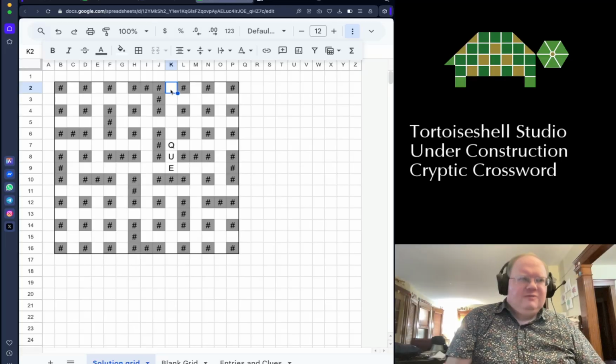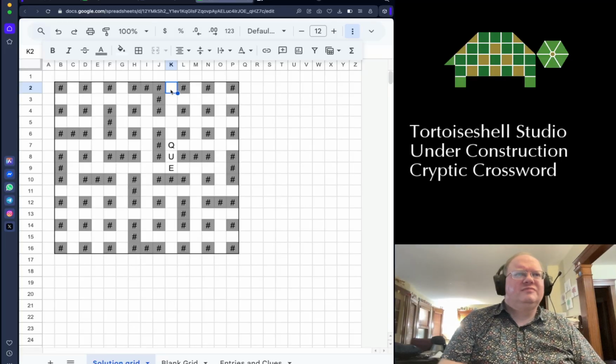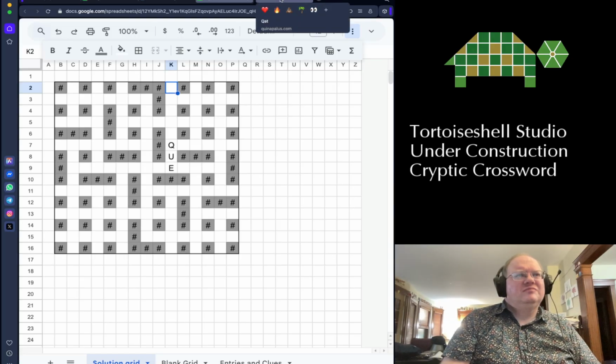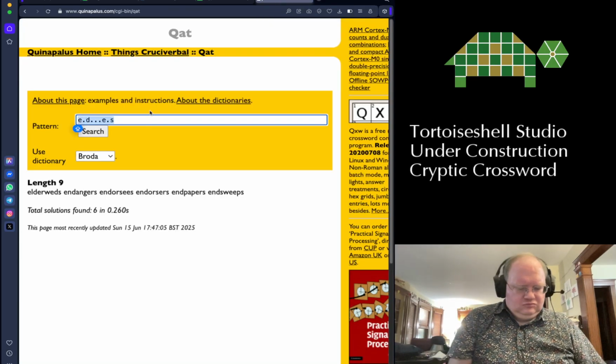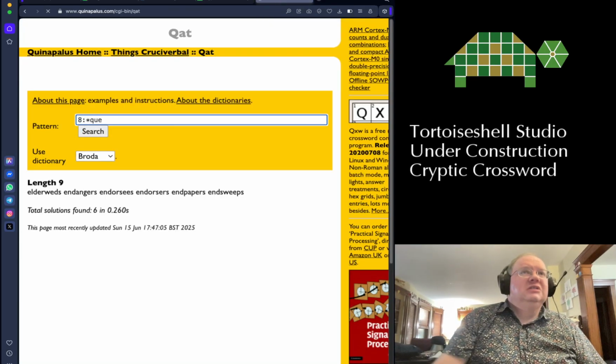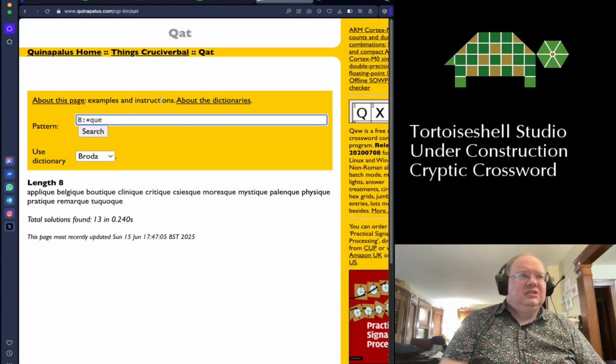That's a weird set of letters, though. Applique. Critique. Mystique. Physique.